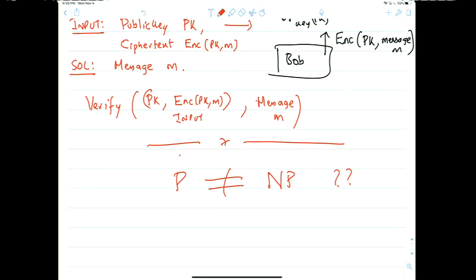So this is a very natural notion that verifying is easier than coming up with something. And it's one of the amazing things that in computer science, we've been able to formalize this as a clean mathematical question, which we don't know the answer to, right? It's a very clean mathematical question, and we'll see more about it in the coming lectures.